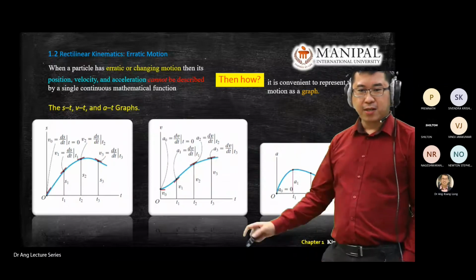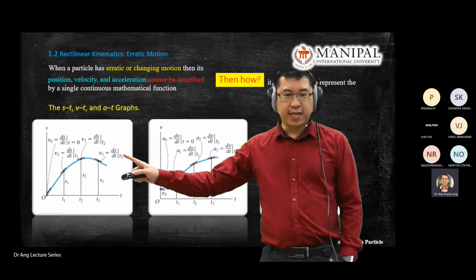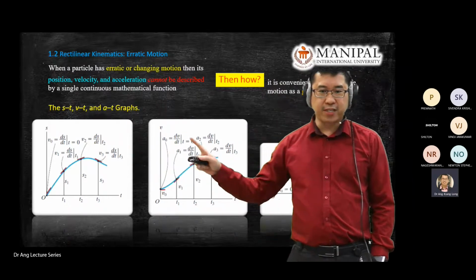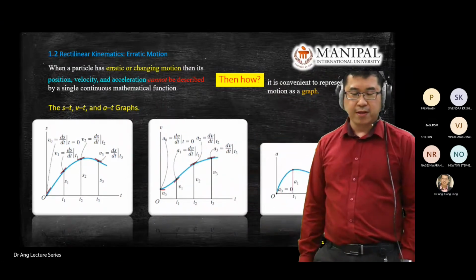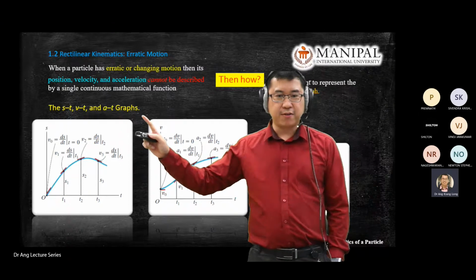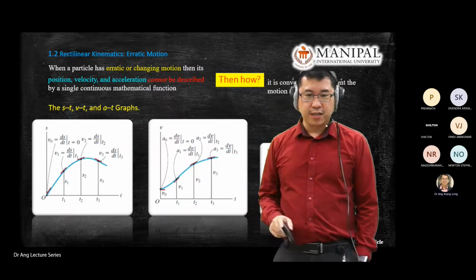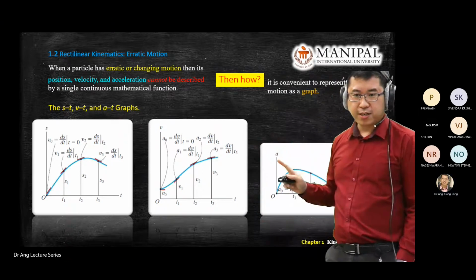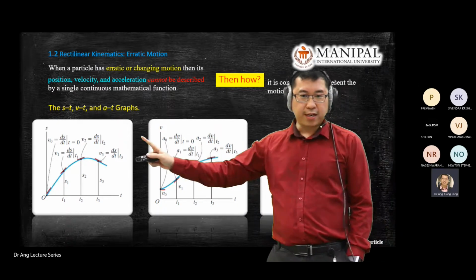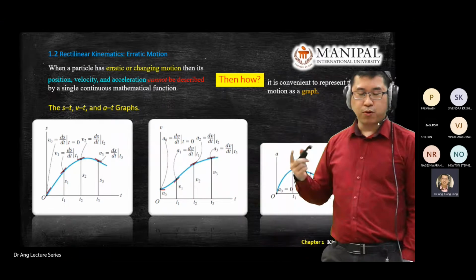Okay? I hope you can see the relationship between this graph and this graph. By using the definition of velocity, how you define velocity and how you define acceleration is linked together. So you need to recall what you learned in the previous lecture.